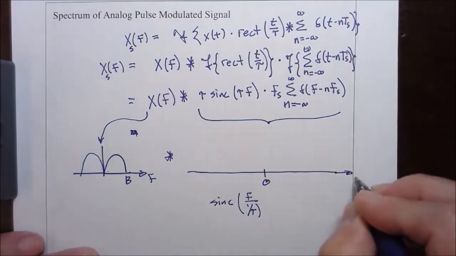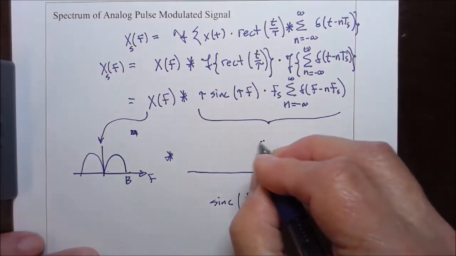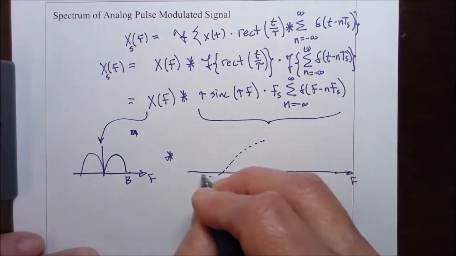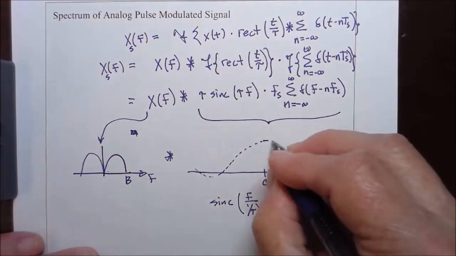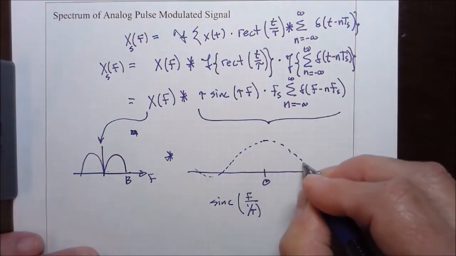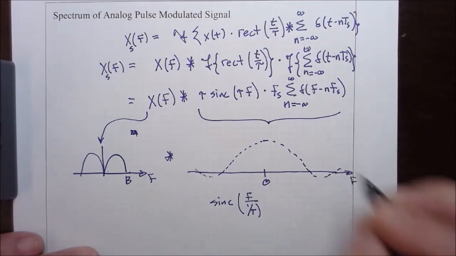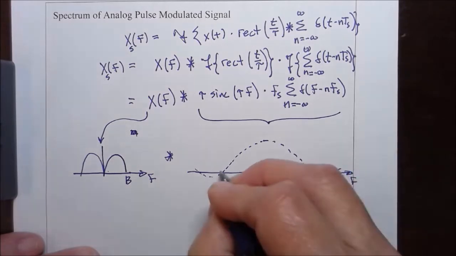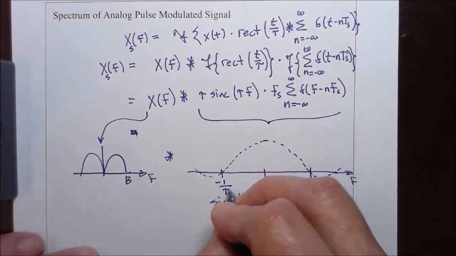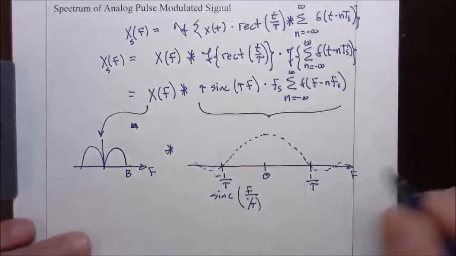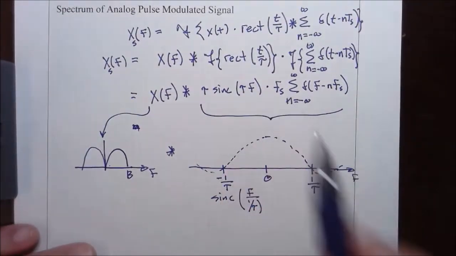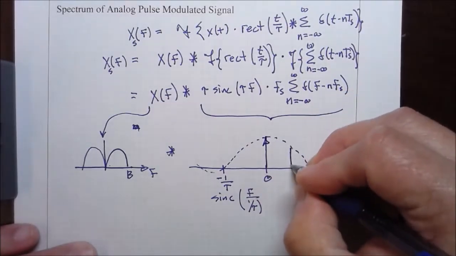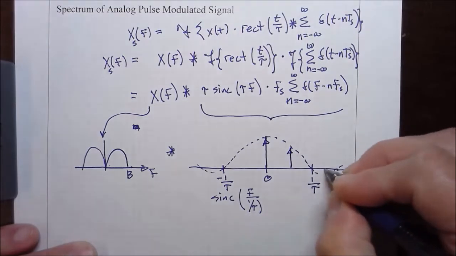So that looks like a sinc function that has a crossing at 1 over tau and minus 1 over tau, and then this is multiplying this train of delta functions, so it gives a weight to this train of delta functions.